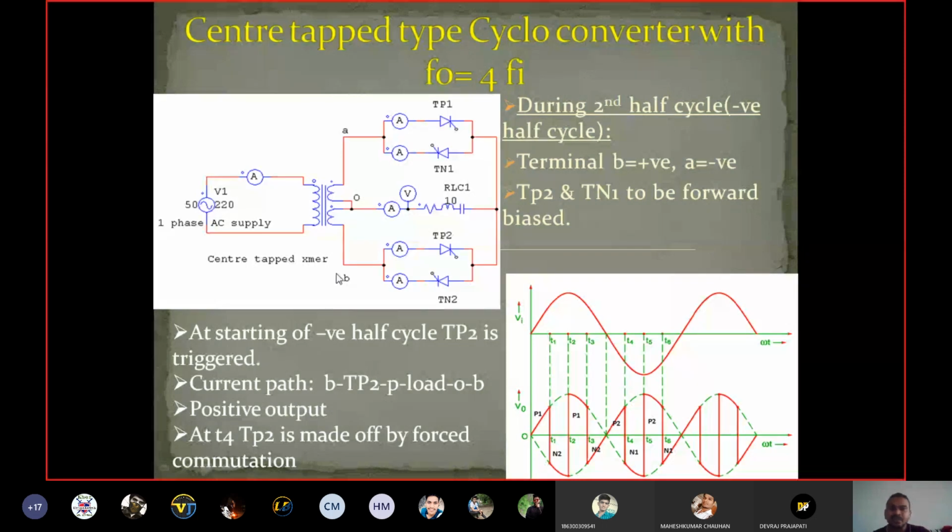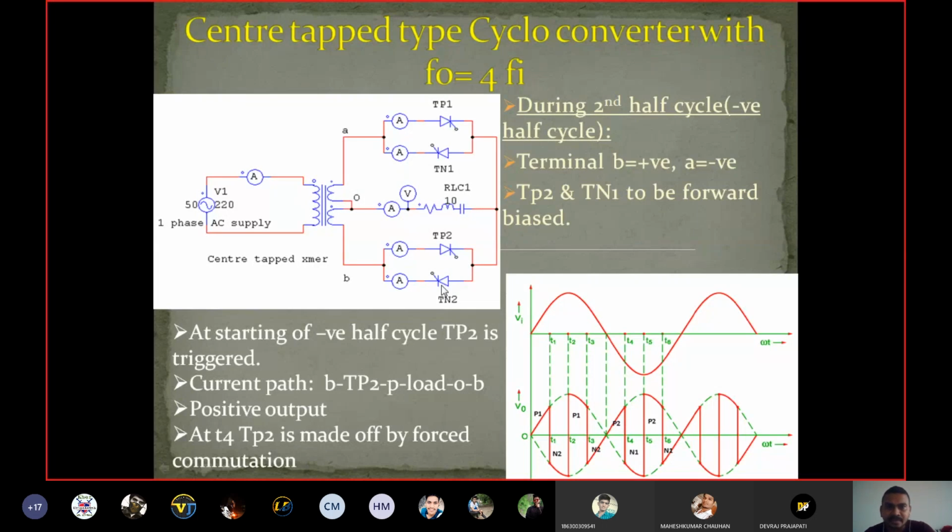Okay, so B is positive, that means there is a possibility of TP2 becoming forward biased. Okay, and here A is negative, that means there is a possibility of TN1 being forward biased, and the remaining TP1 and TN2 are reverse biased.